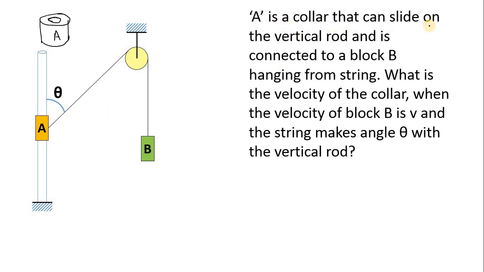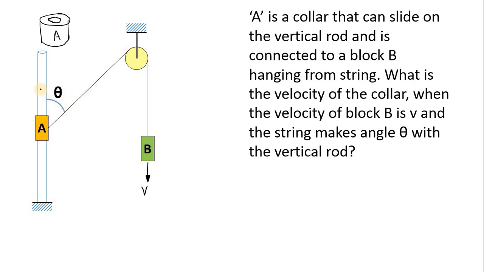A is a collar that can slide on the vertical rod and is connected to the block B hanging from the string. What is the velocity of the collar when the velocity of the block B is v? So the block B is going down with velocity v, and we have to tell what is the velocity of the collar A when the thread is making angle theta with the vertical.